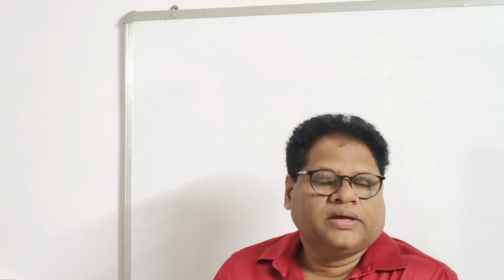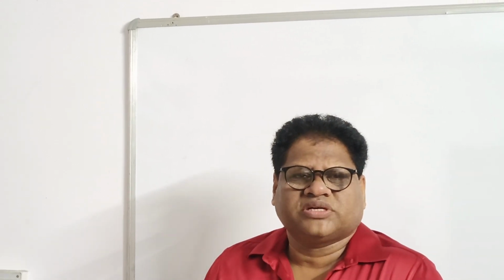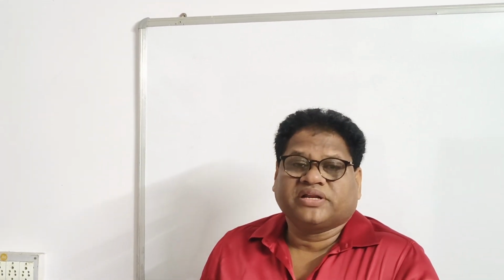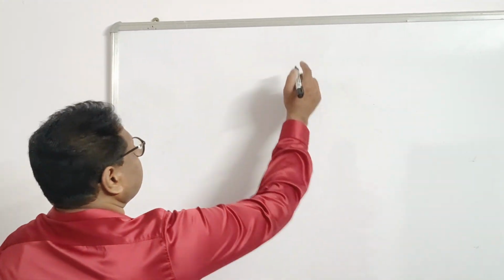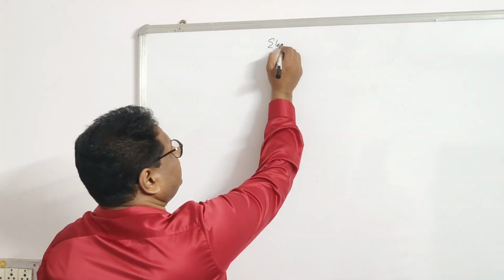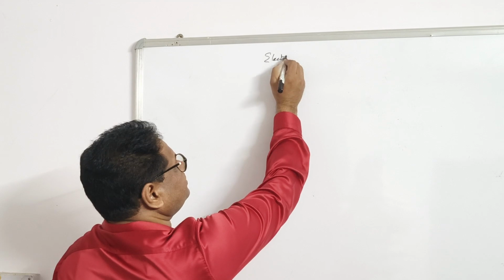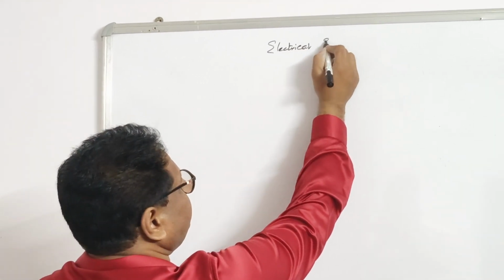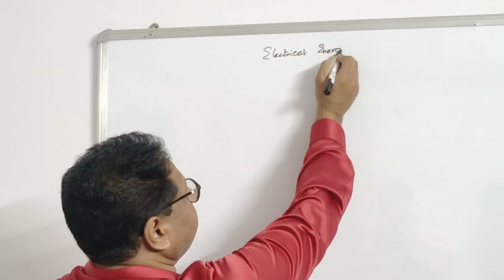Hello students. Now we are going to discuss mathematical expressions, formulas regarding electric energy. Okay. So we are going to provide the various expressions for how to calculate the electric energy.